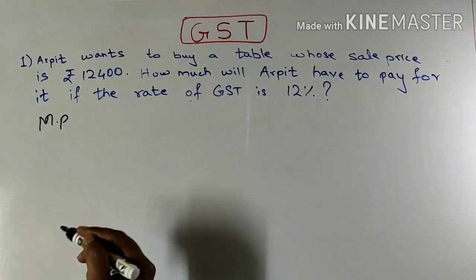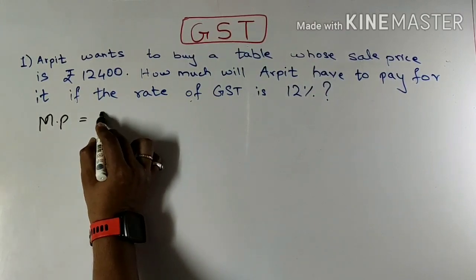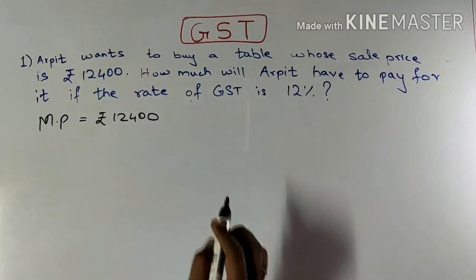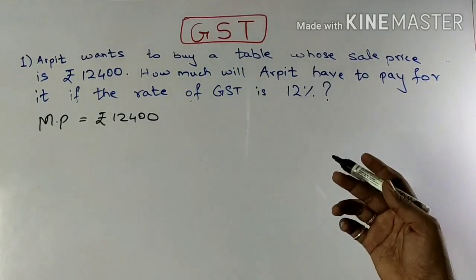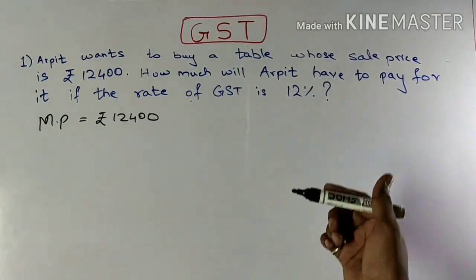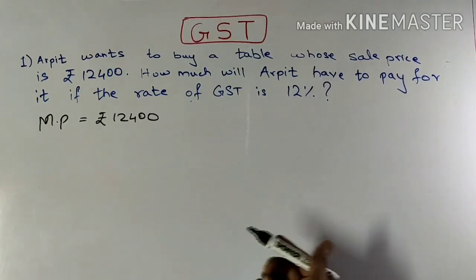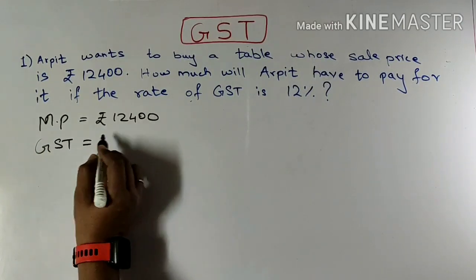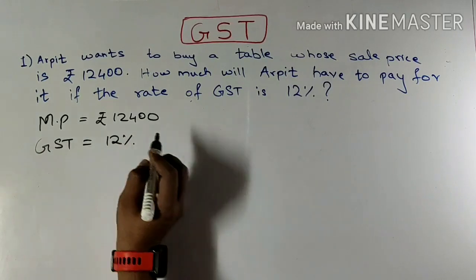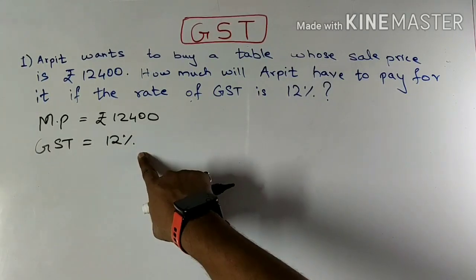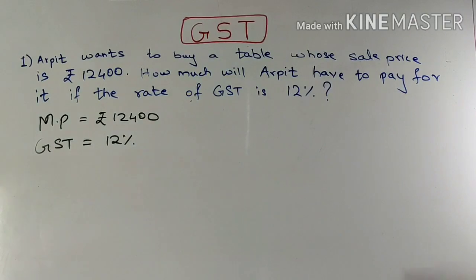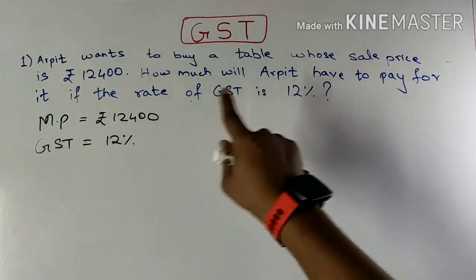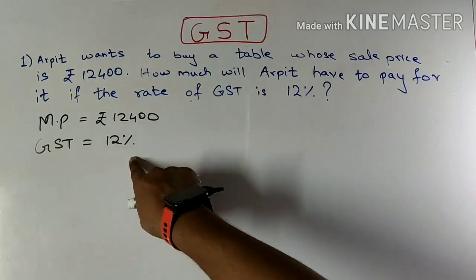The price marked for it is rupees 12,400. After that, you have to add GST to it. So the rate of GST which is given is 12%. Always remember, the rate of GST is on the listed or the marked price.